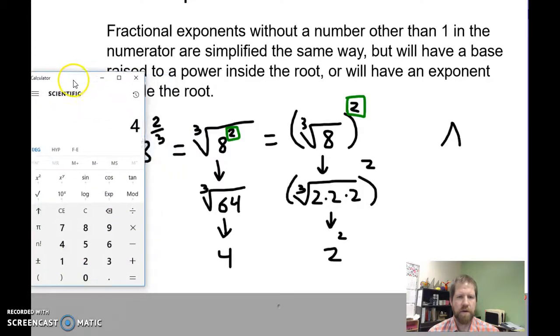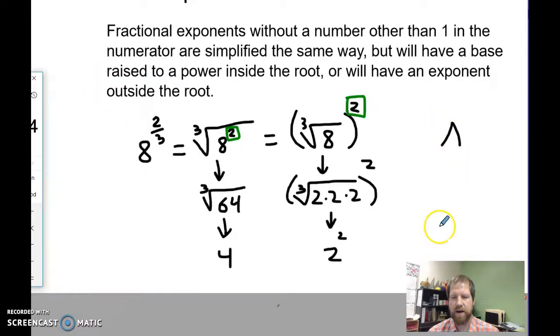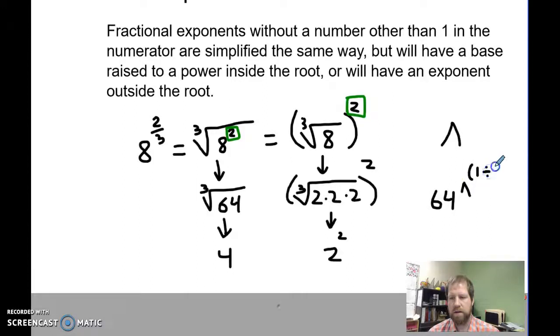If you have a graphing calculator with the caret instead of x to the y, it's just going to be 64, then you press the caret, then parentheses 1 divided by 3, and then enter. That's how you can do a third root or a fifth root or whatever root you have.